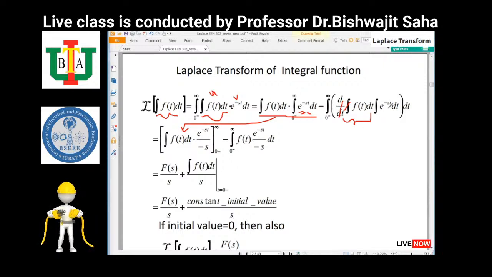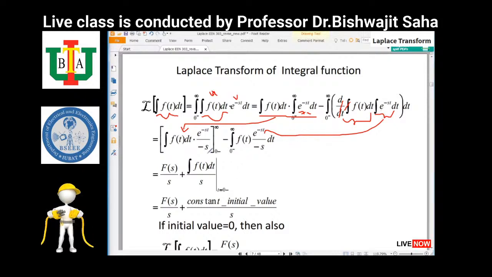and inside, what will be? 1 over minus s, e to the power st. So that thing has been kept here. Right?